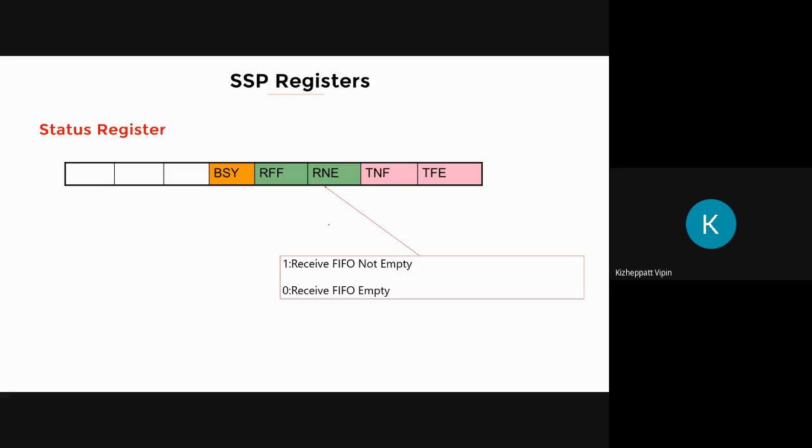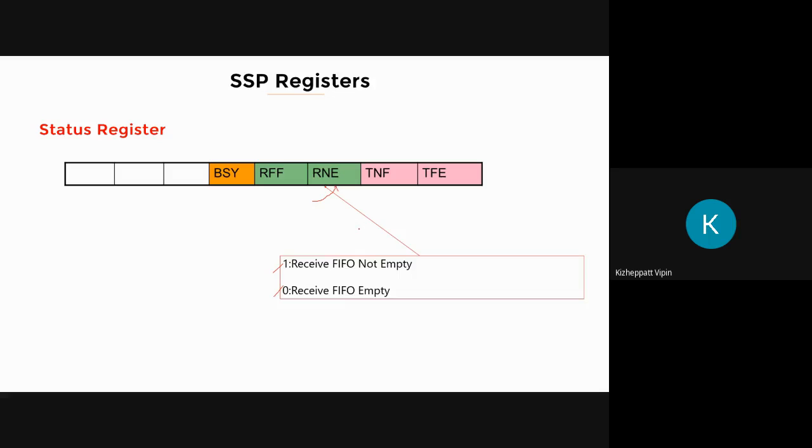Okay. Receive FIFO not empty, receive FIFO empty. What is the significance? What is it telling you? When you read the status register, you find either 1 or 0. What decision will you make? We have received something or not.